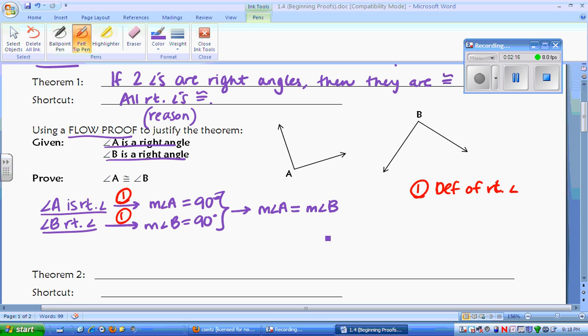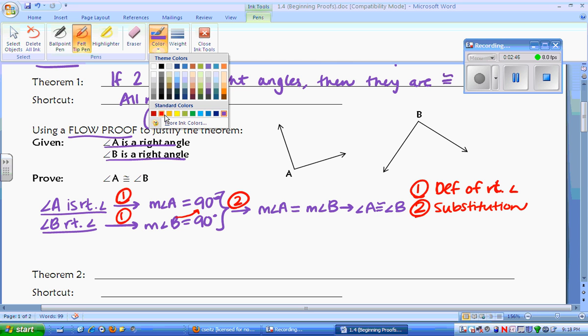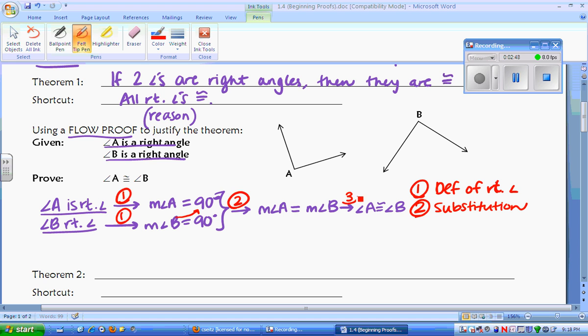Now this is called substitution, because they equal the same exact thing, I'm substituting angle B in for basically a 90. This is called substitution. And now because they're equal, I can now say angle A is congruent to angle B. Okay, and that'll be my third reason, different than the other two.